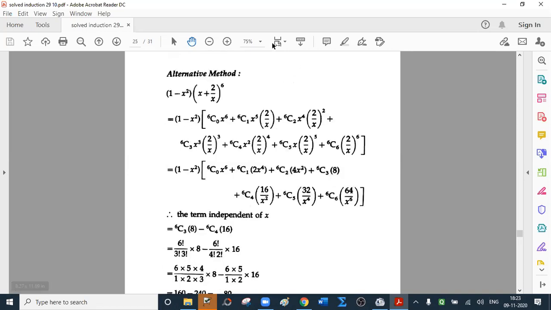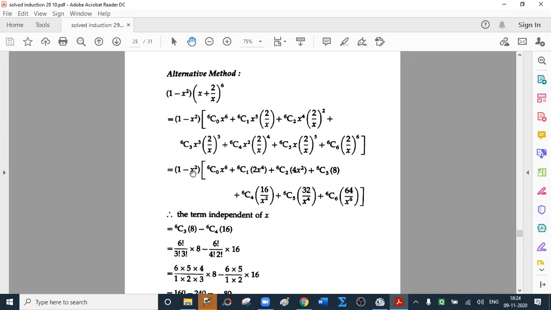Now second method. In the last sum of this type, we use this method. 1 minus x square into x plus 2 upon x raised to 6. So expand, there will be 7 terms, right? Now the term independent of x, 1 into c, this term is independent of x. Why? Because there is no x, right? And minus x square into this is again independent of x.